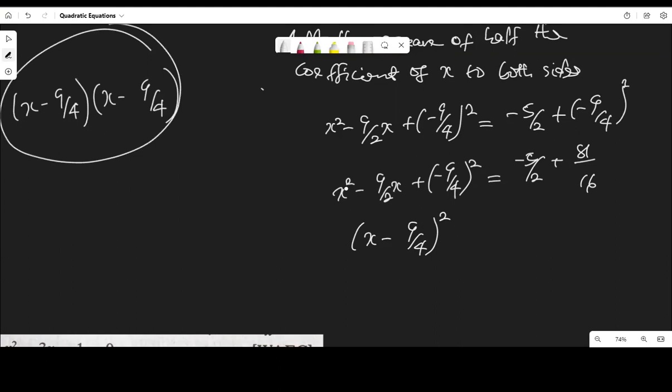So we pick a term here, then pair them together equal to, let's solve this fraction here. LCM of 2 and 16 is 16. 16 divided by 2 is 8. 8 times negative 5 is negative 40. And 16 divided by itself is 1. 1 times this is 81.